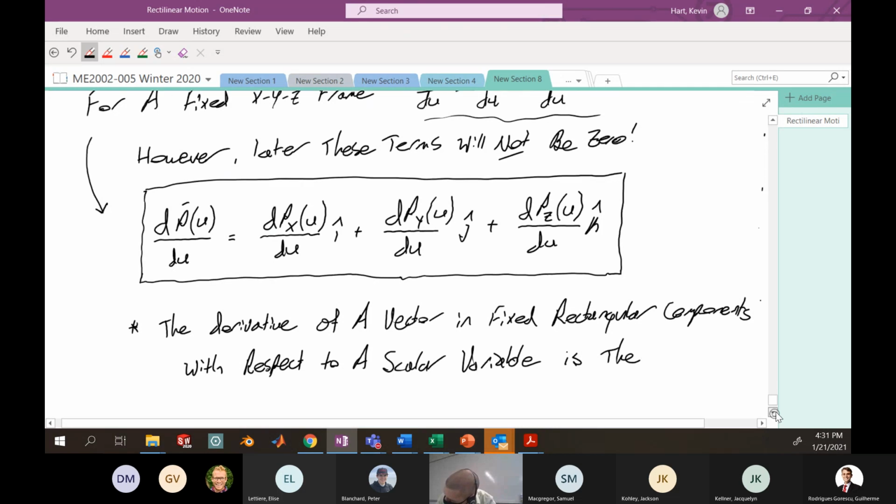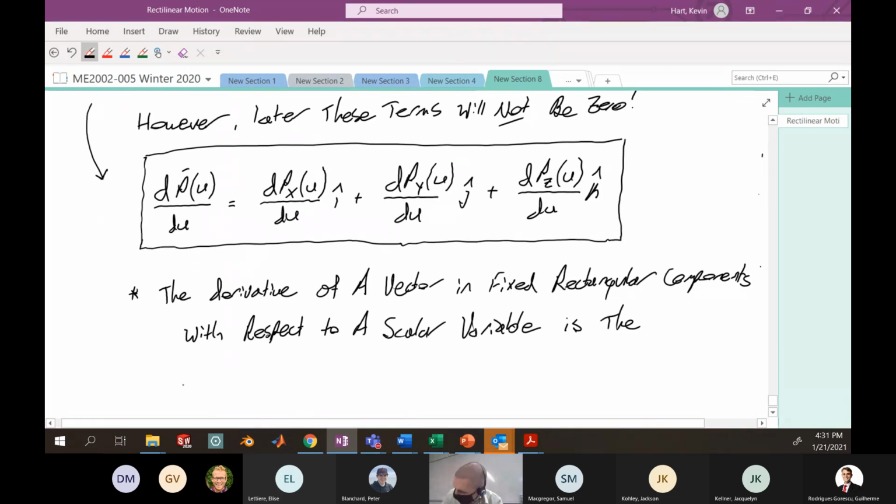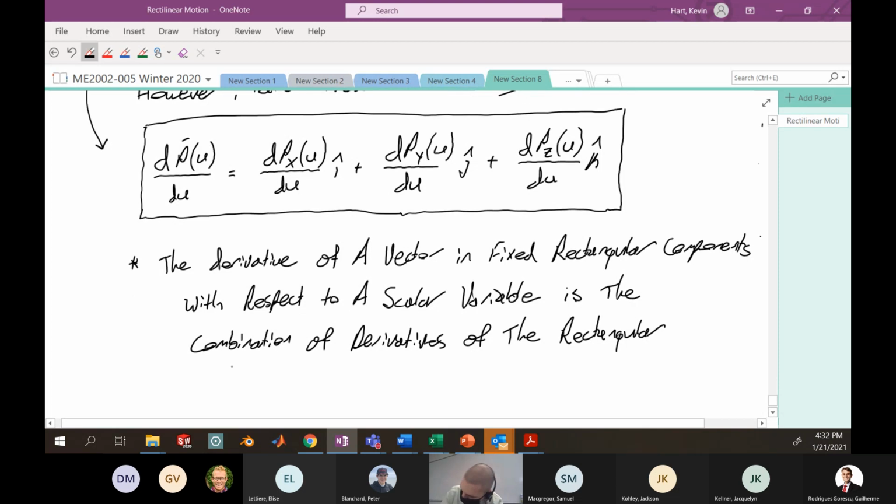Is the combination of derivatives of the rectangular scalar components of that vector P. Okay, so that's basically written in English what we have up here.